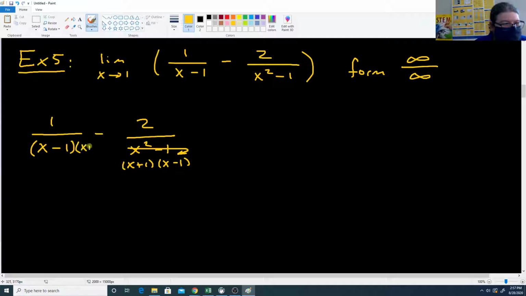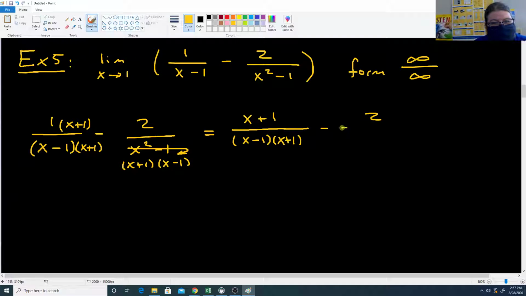So we could multiply it by an x plus 1 over an x plus 1. And that would give us x plus 1 over x minus 1 times x plus 1. All that minus 2 over x minus 1 times x plus 1.